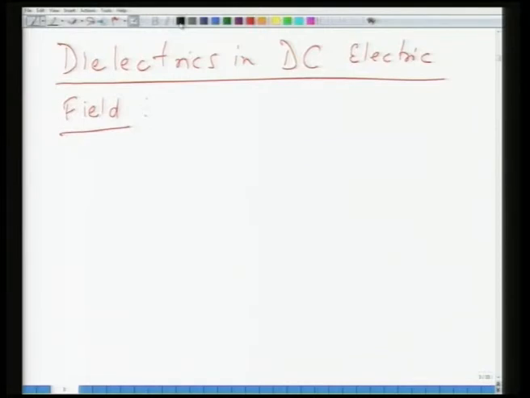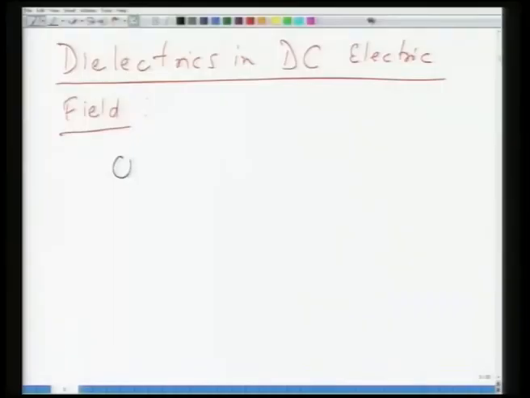Okay. So, in a normal material, when you apply a DC field to a material, there is a long range movement of charges, migration of charges. However, in these materials there is limited movement of charges or short range only, and this leads to separation of, let us say, a bunch of positive charges with respect to a bunch of negative charges, or within an atom itself there is a separation between the center of positive charge and the center of negative charge. This leads to creation of what is called a charged dipole.